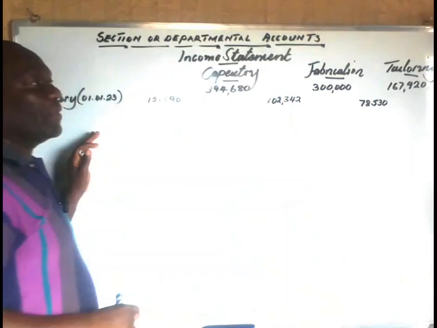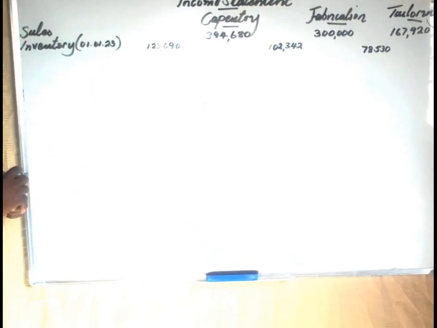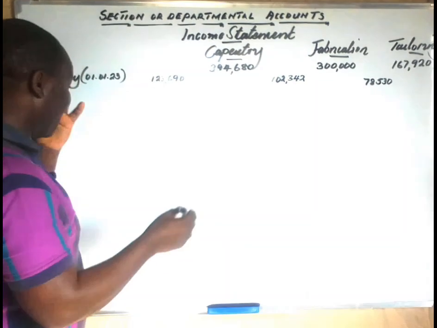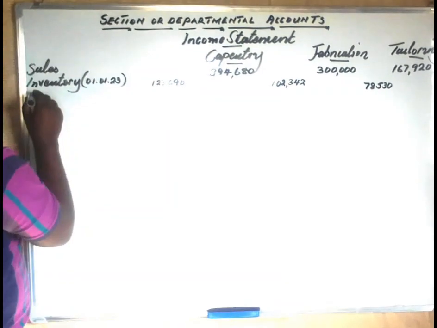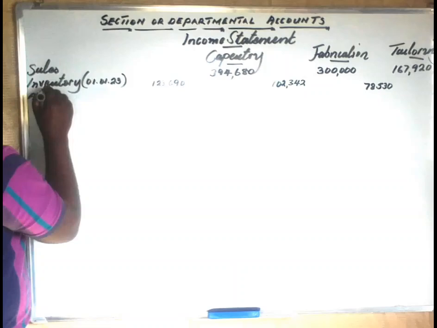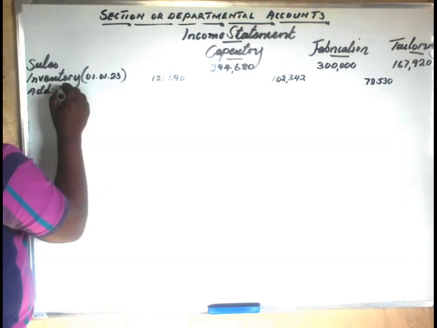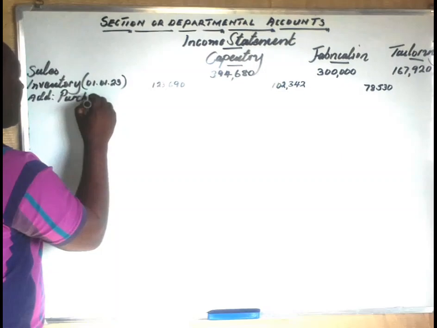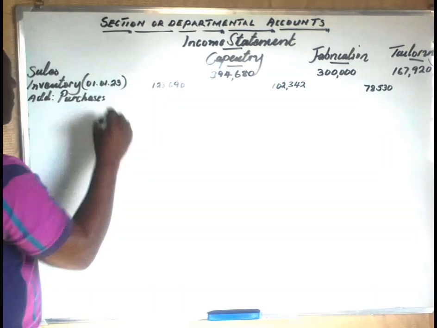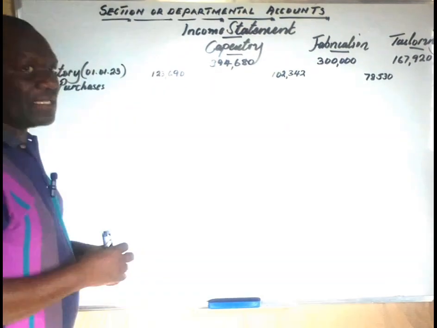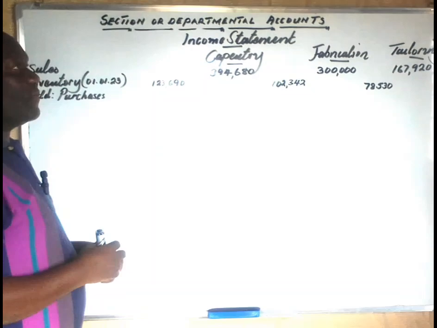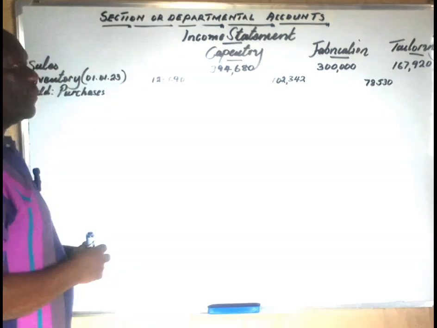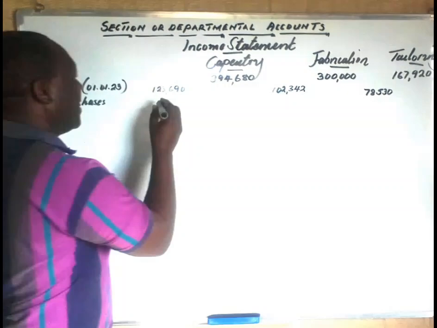Okay, the next item which comes after sales are the purchases. So in this case, we are adding the purchases. The purchases for carpentry, we had 19,420.